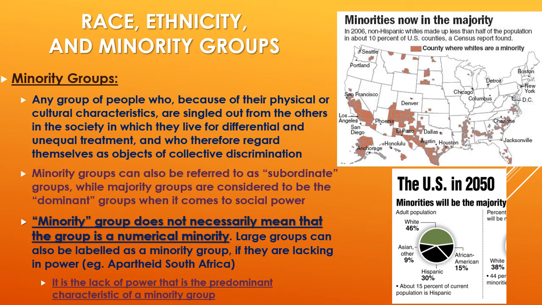For example, if you think about the era of apartheid in South Africa, white South Africans held all the social, economic, and political power despite the fact that they represented a numerical minority. In other words, it's not the number of people that comprise a racial or ethnic group that defines them as a minority group. It is the lack of power that is the predominant characteristic of a minority group.